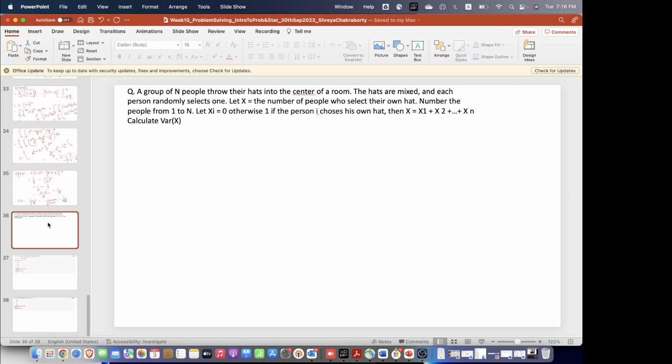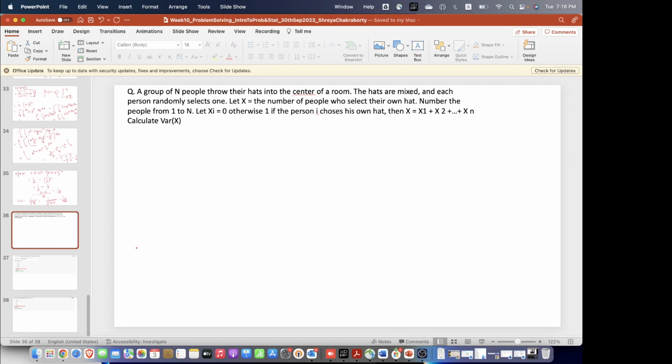The number of people can vary from 0 to n. Okay, so let xi equal 1 if the person i chooses his own hat, and 0 otherwise, and then x equals x1 plus up to xn. Calculate the variance of x.